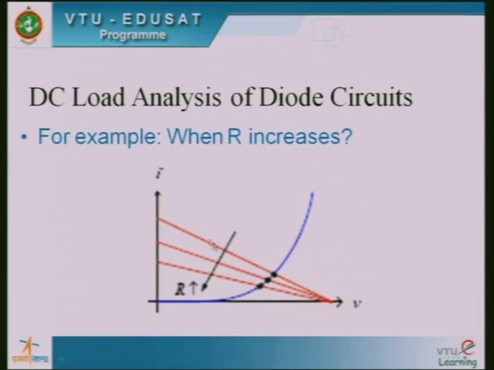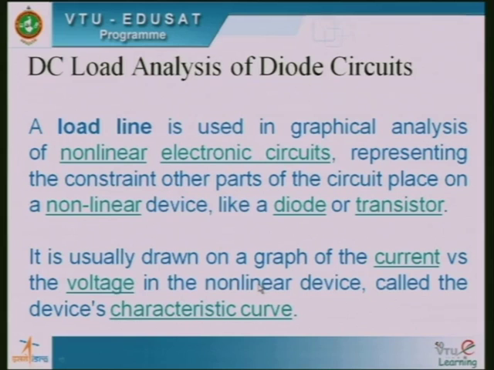Another case: whenever the load resistance increases, what is happening? Once again the operating point, the junction point between the VI characteristics and the load line, goes down. Such qualitative analysis can be done using the graphical analysis technique.